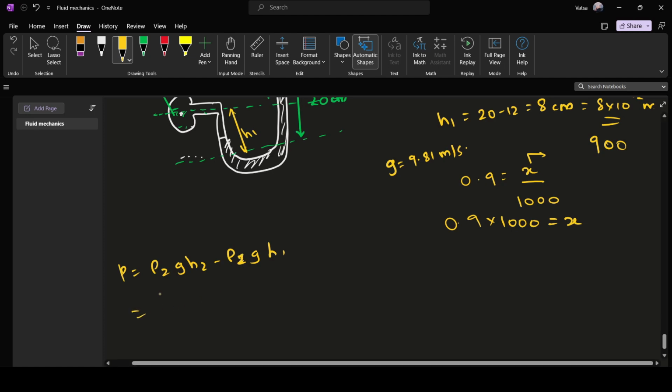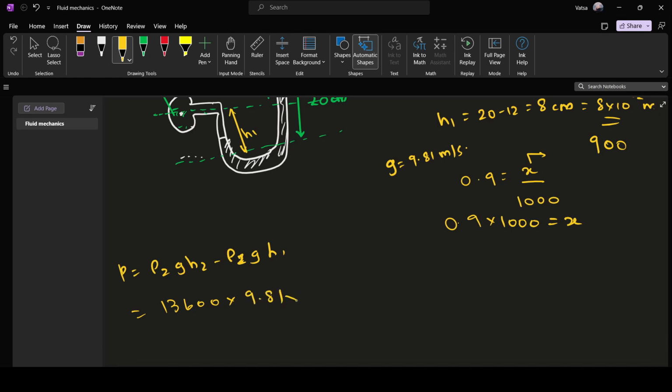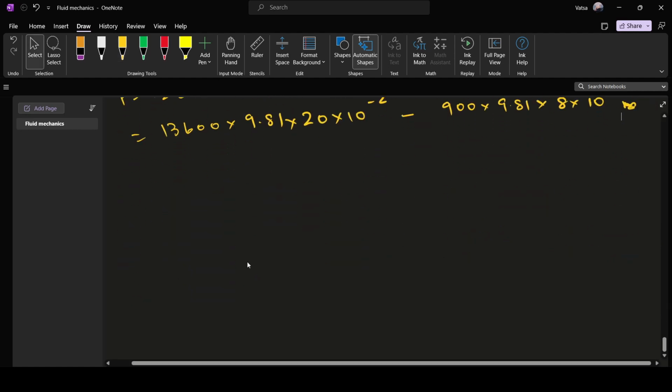Our rho 2 is 13,600 into 9.81 into H2, which is 20 into 10 power minus 2 meters, minus rho 1, which is 900 into 9.81 into H1, which is 8 into 10 power minus 2 meters. So we have all this now.